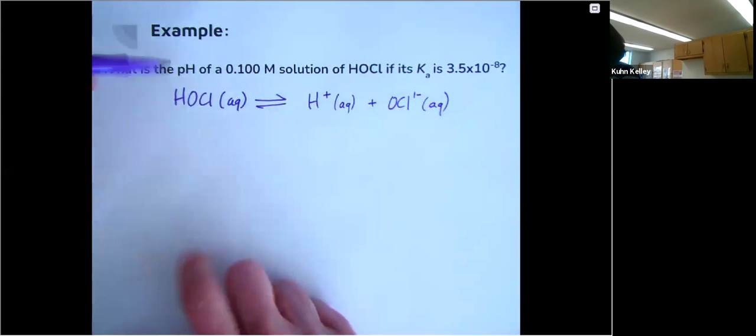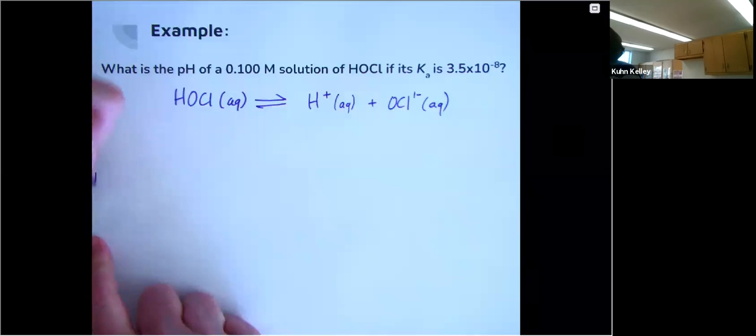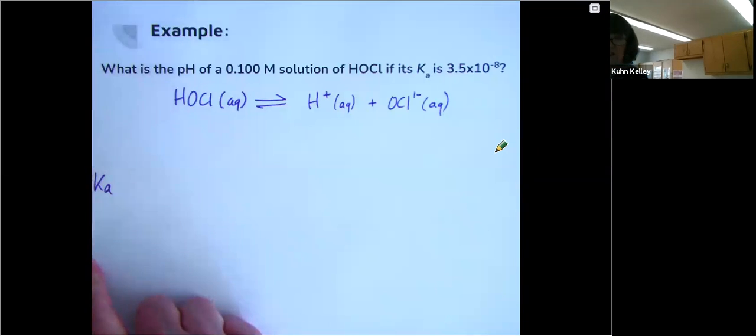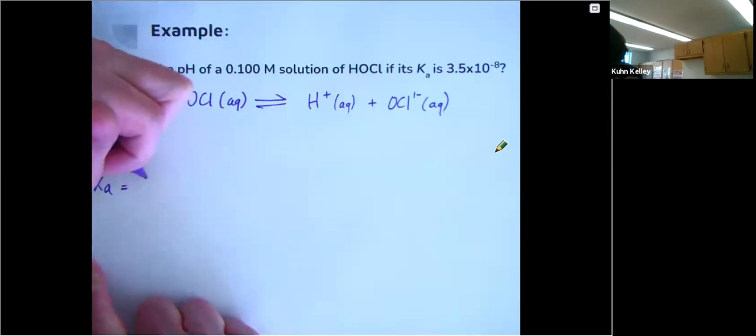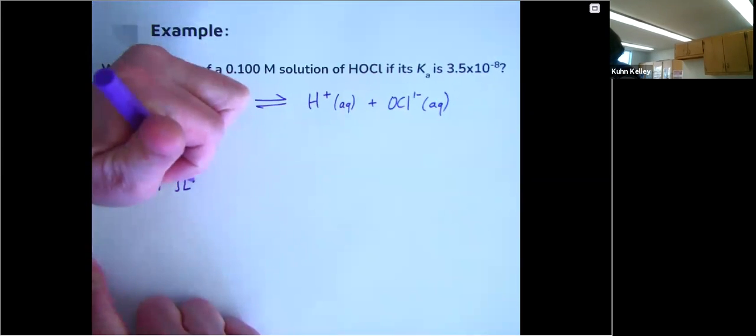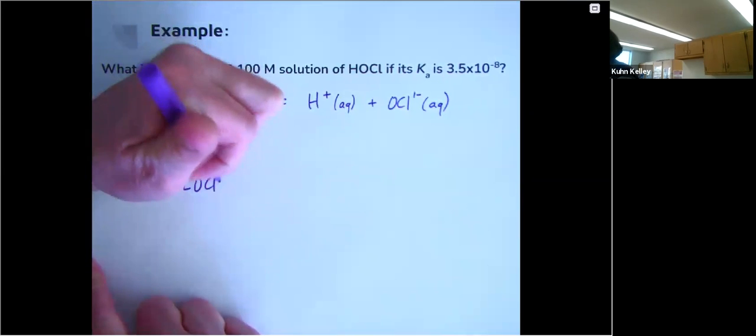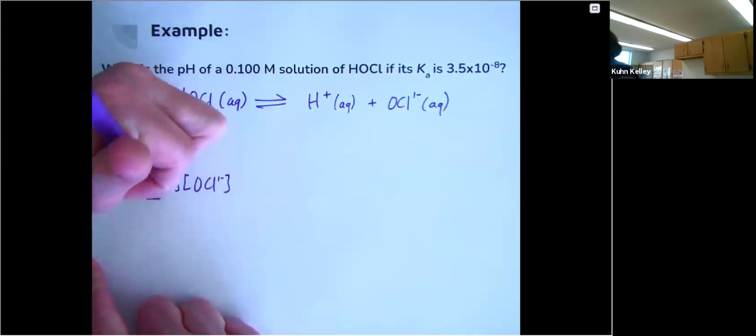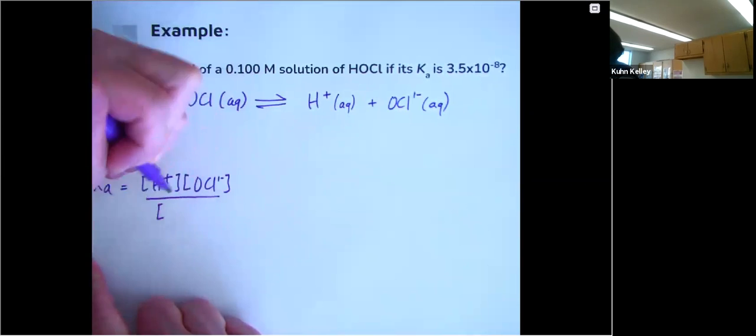So my Ka is going to be the concentration of the hydrogen multiplied by the concentration of the hypochlorite divided by the concentration of the hypochlorous acid.